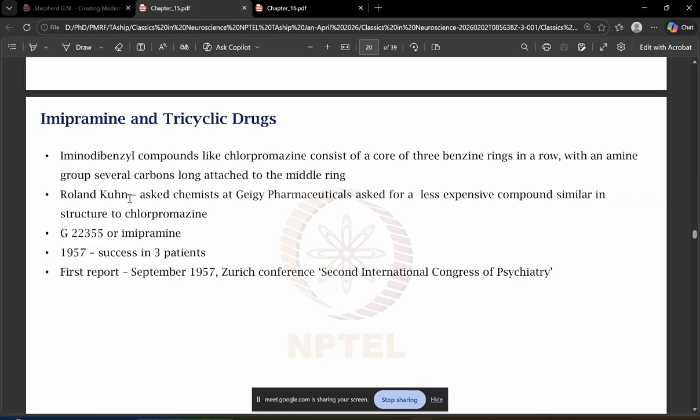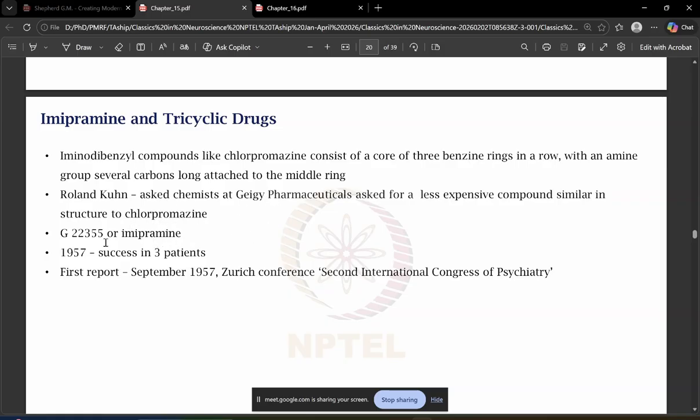So he asked the chemists at Geigy Pharmaceuticals whether there is a less expensive compound with a structure similar to chlorpromazine, which he can use for administering to psychiatric patients.